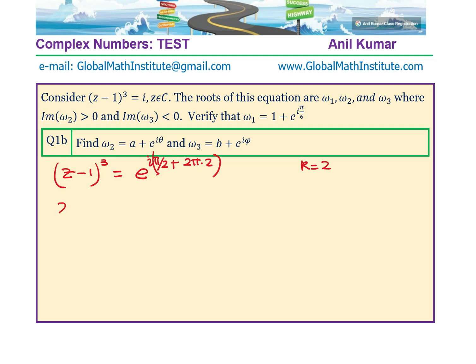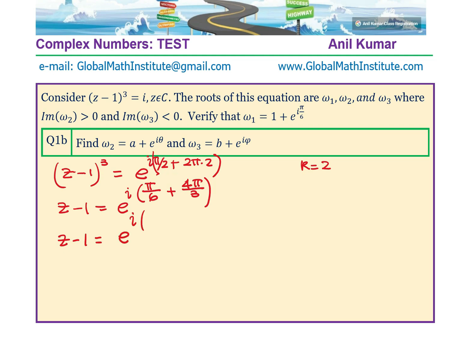So we have z equals, let me write z minus 1 first, right? e to the power of i (pi by 6 plus 4 pi by 3), right? So we are doing the cube root. So we have z minus 1 equals e to the power of i.